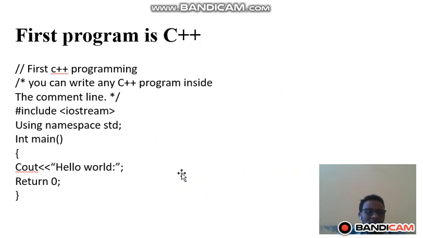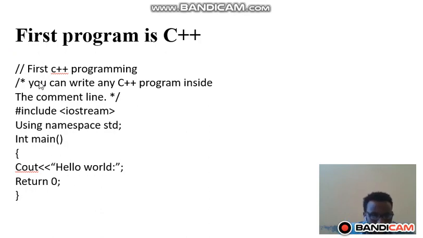Let us see some basic C++ programming. First program in C++. When you write the set of instructions using C++, first, you may have a comment line. The comment line may be divided into two types. The first one is the single-line comment.